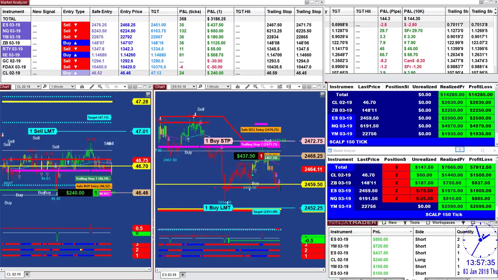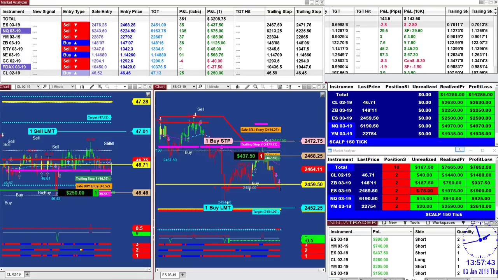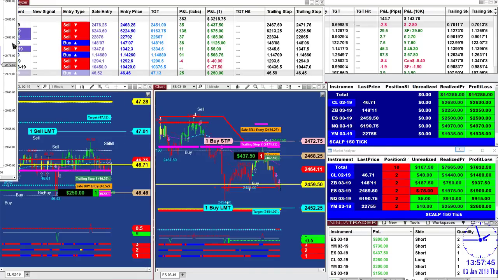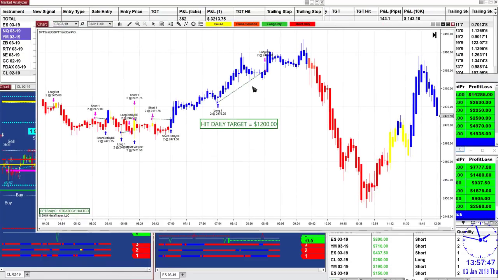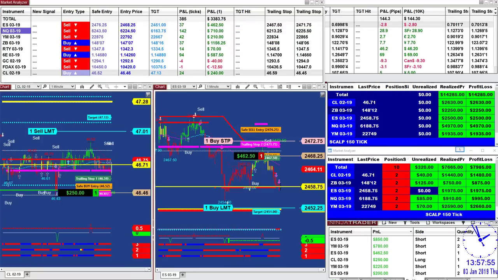You can turn them on overnight as well, and that's why we have 2 different scalpers. And then we have the C scalper as well. You can use the C scalper. This is a totally different algorithm. Let's go ahead and cover the scalpers first.